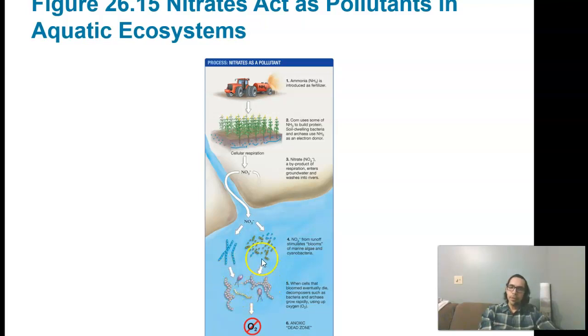Essentially there's no oxygen in these areas, so there's not a lot of things that can live here. That's why they're called dead zones.